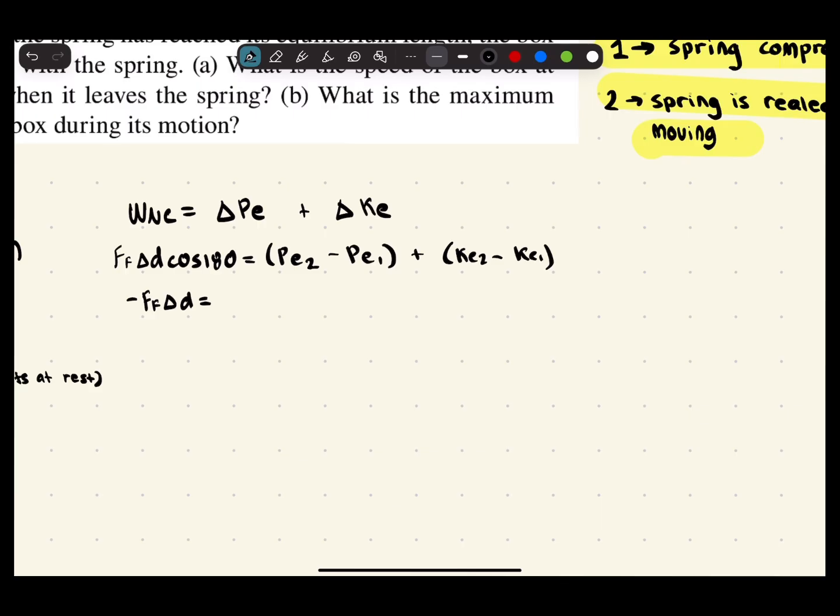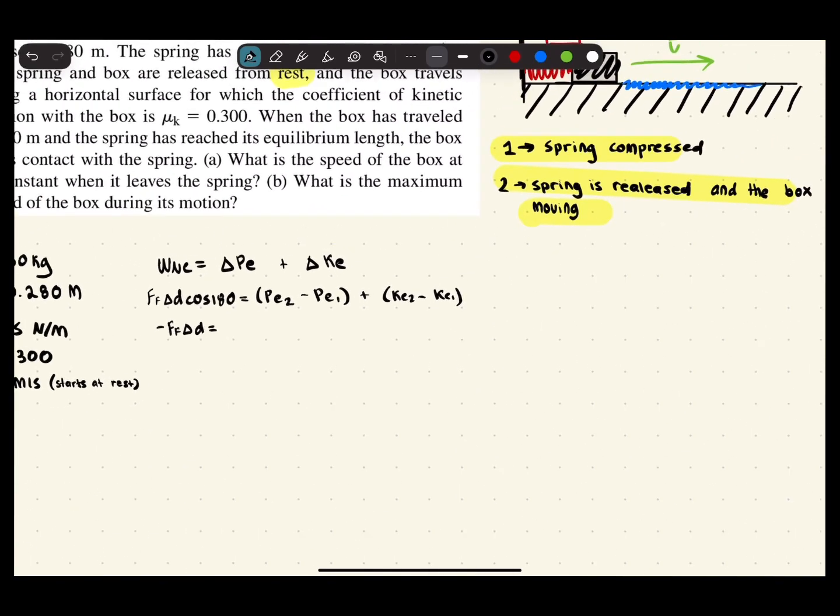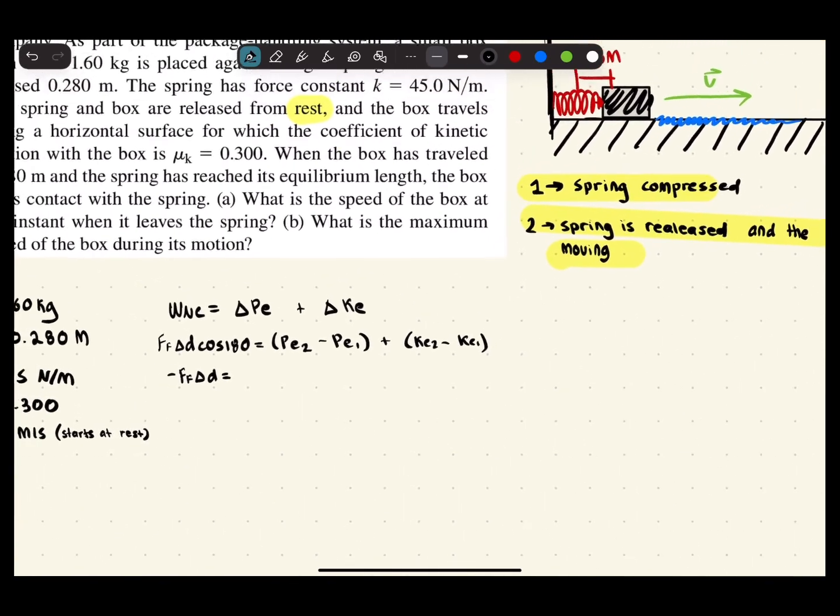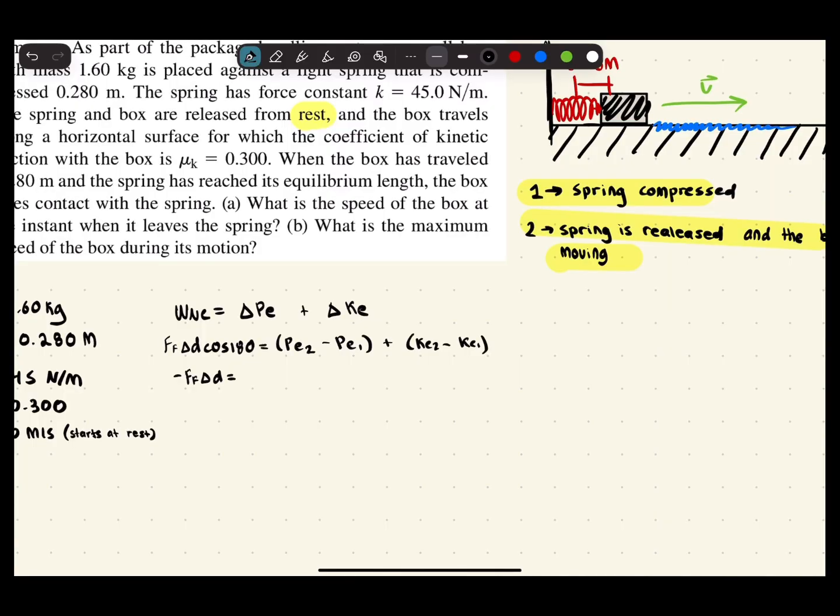Now let's think about what it means when the box is at rest. When the box is at rest, v1 equals 0, which means that there's no kinetic energy at 1, so we can get rid of that term.